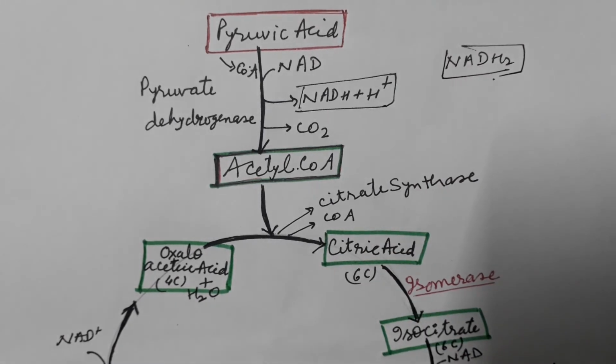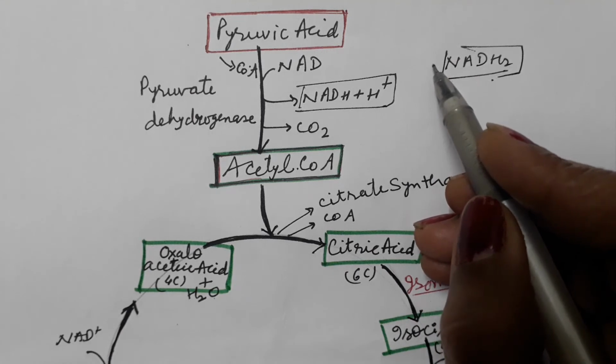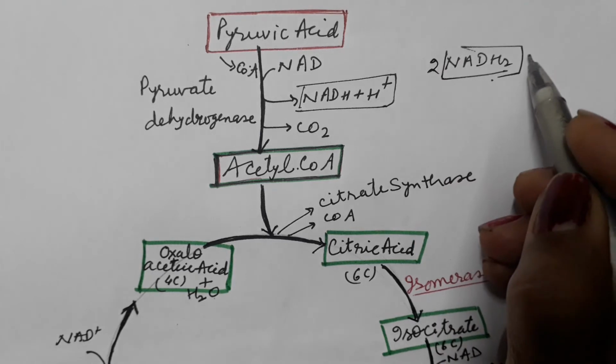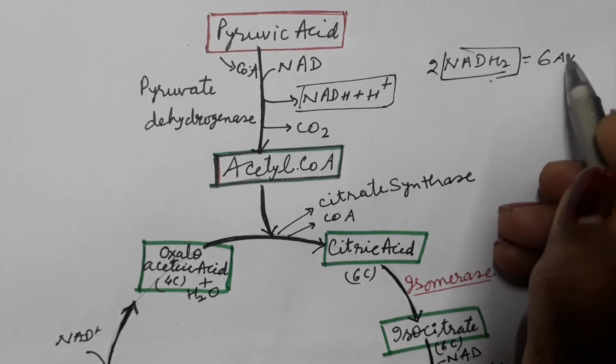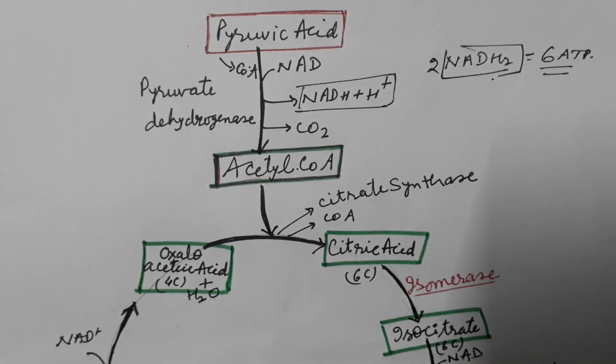This is the oxidative decarboxylation step, which is not part of the Krebs cycle. 1 molecule of NADH2 gives rise to 3 ATP, so 2 NADH2 molecules give rise to 6 ATP later on. So in the process of oxidative decarboxylation, we receive 6 ATP, which are later encashed in the last step of aerobic respiration, that is oxidative phosphorylation.